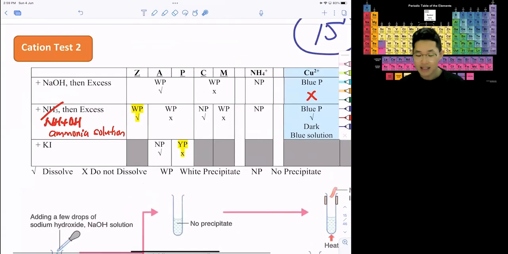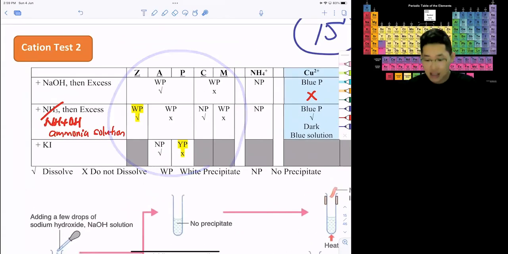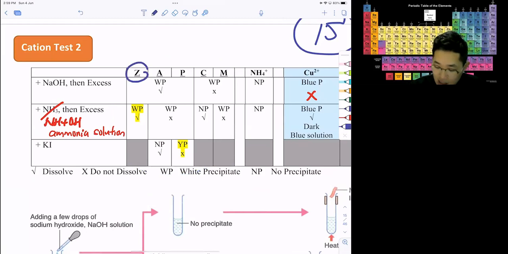And then for the front part, to test the zinc, we will go down to the bottom and use this one, ammonia solution. Okay, how do we do it?